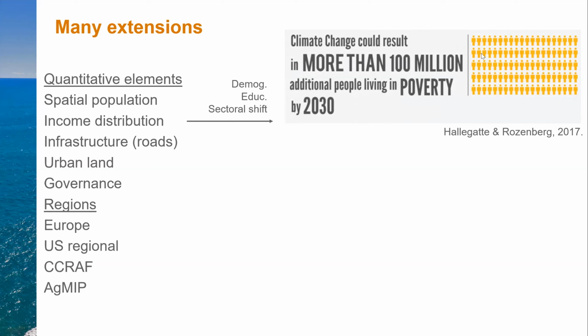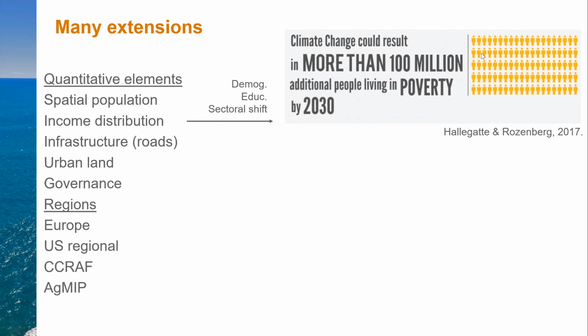This example was one done by a couple of researchers at the World Bank that used assumptions about demographic change, about levels of education changing, and about shifts in employment by sector of the economy over time, particularly people moving from the agriculture sector into manufacturing and services, to look at how income distribution would change in the future when one also accounts for climate change impacts on agriculture and on health, which will also affect their income.